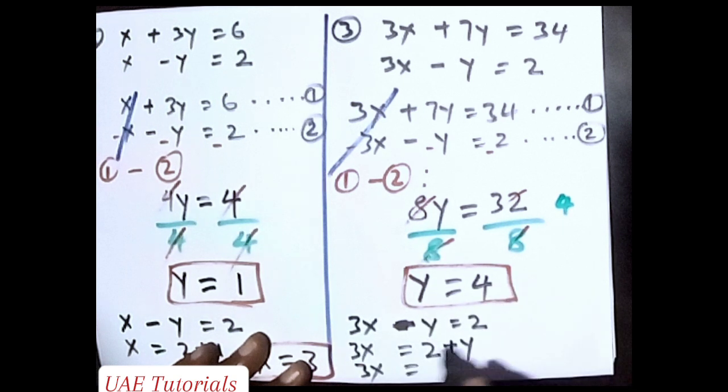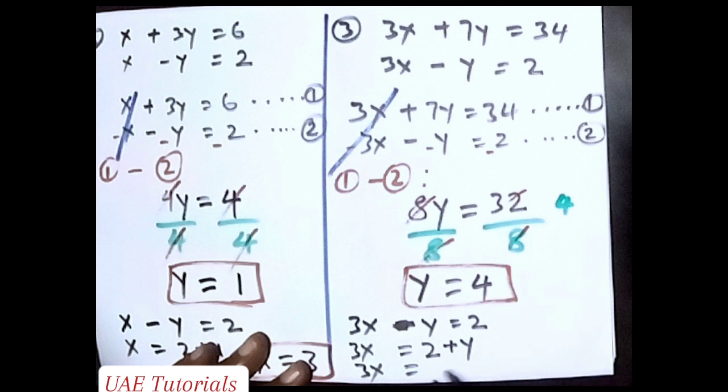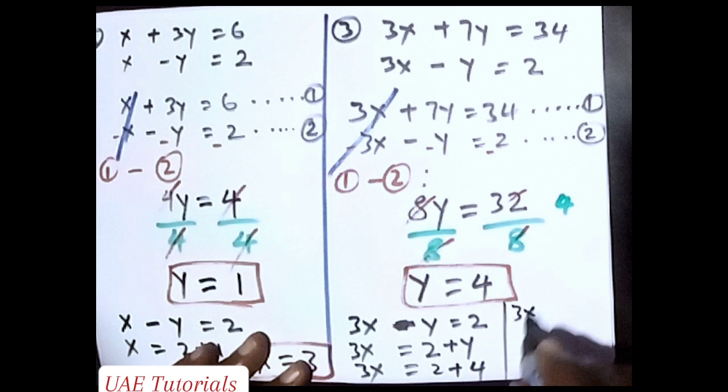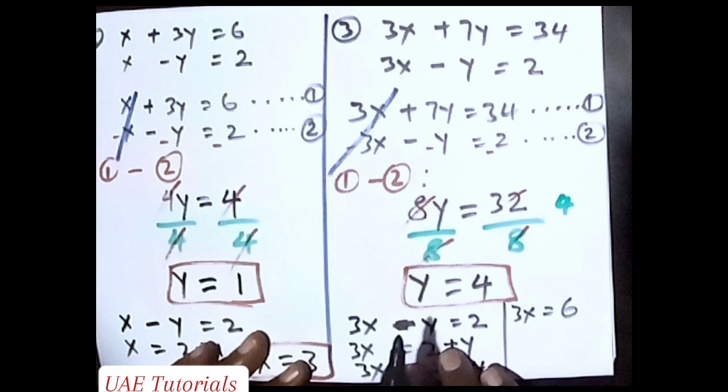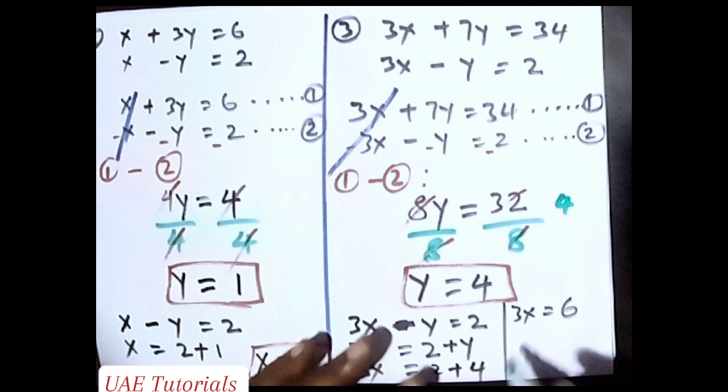So 3x equals 2 plus 4. Instead of 2 plus y, it becomes 2 plus 4. For space, I will just continue doing the work here. So we now have that 3x equals 6. And then we divide through by the coefficient of x there, which is 3.